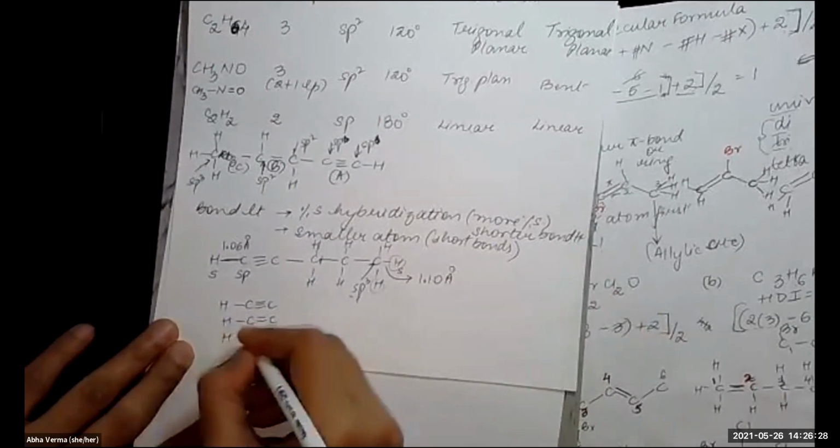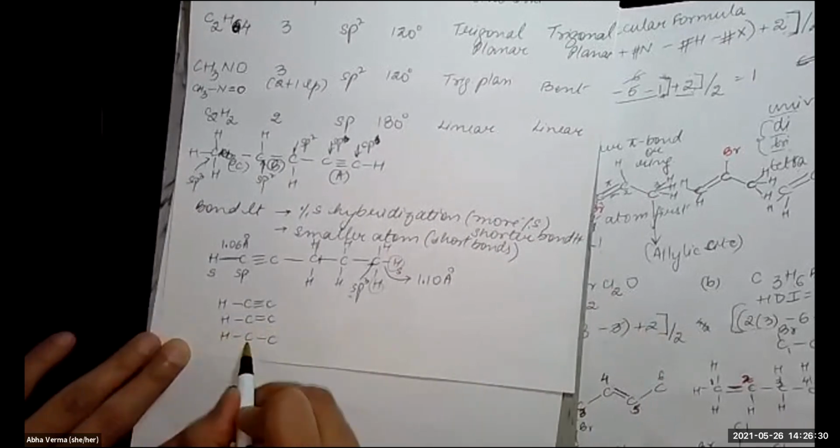Anyone? Any questions? So my question to you is, if I have an sp3 CH, an sp2 CH, and an sp CH, A, B, C, which will be the shortest CH bond?